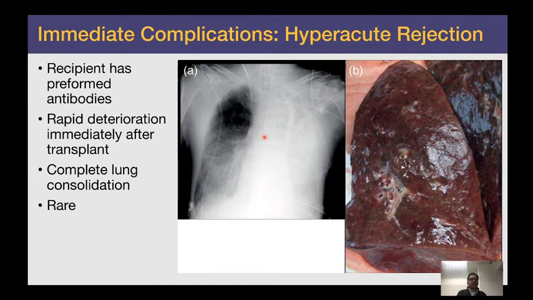And what'll happen is when the lung is hooked up and the blood starts flowing into the lung, even in the surgery itself, the lung can become very edematous and boggy, and rapid deterioration can occur. And this is really rare nowadays because, unless some kind of error was made in the testing, hyperacute rejection is really not something that we see nowadays.